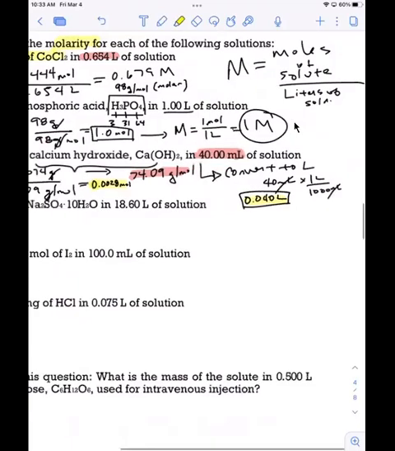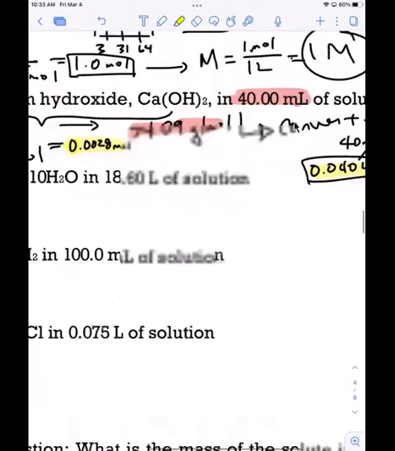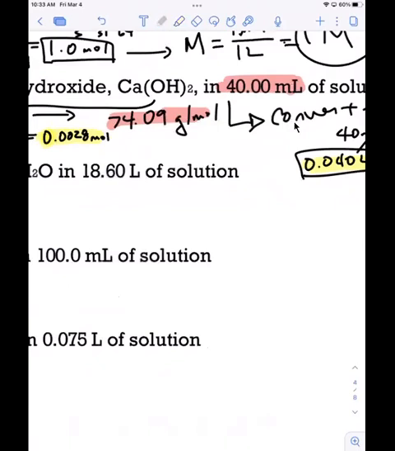So now put those numbers together in the molarity relationship and find the molarity. All right, so we'll do it. I'm going to change the color. It's going to be 0.0028 moles divided by 0.040 liters. And what is that number? Anybody? 0.07 M. Yeah, okay.